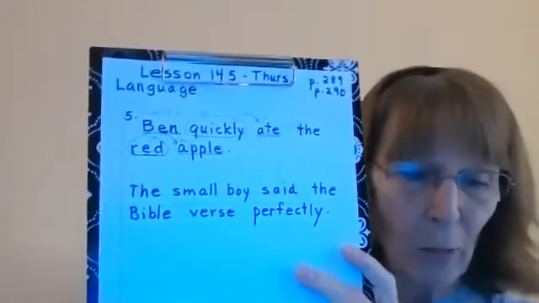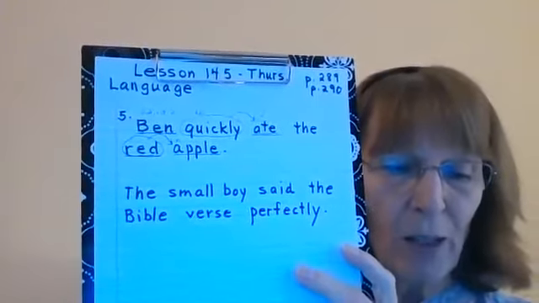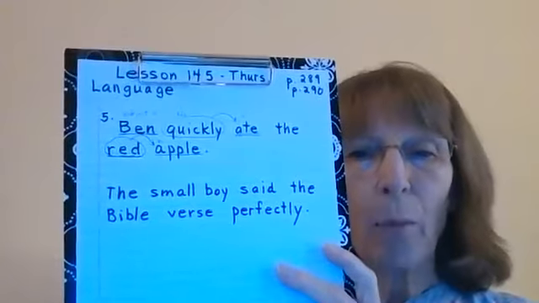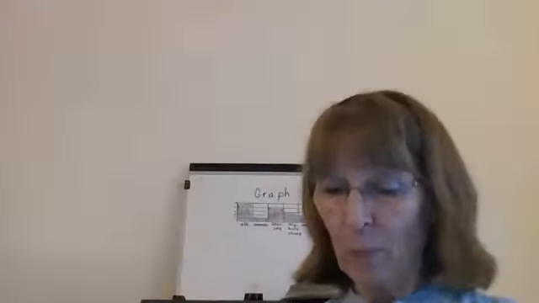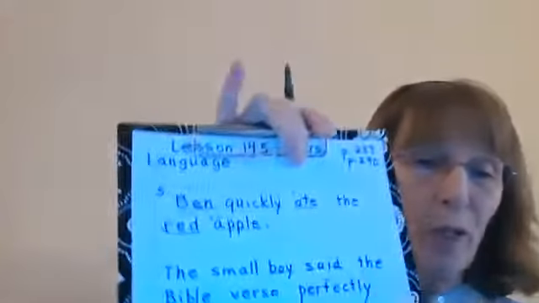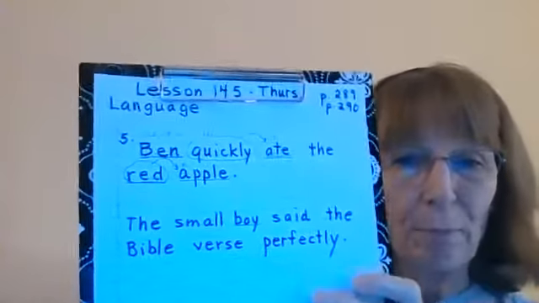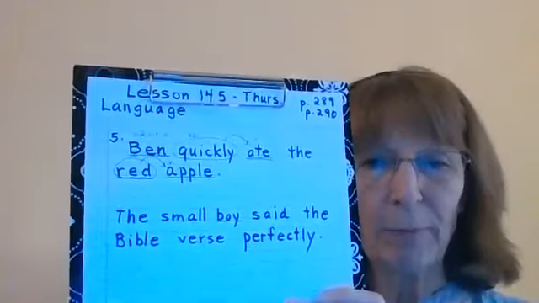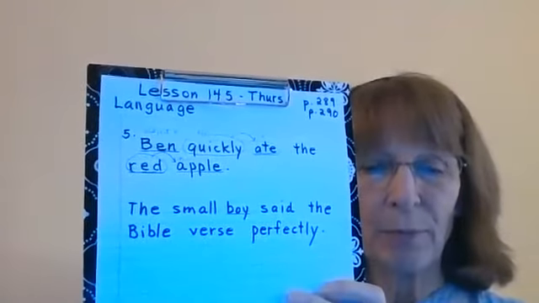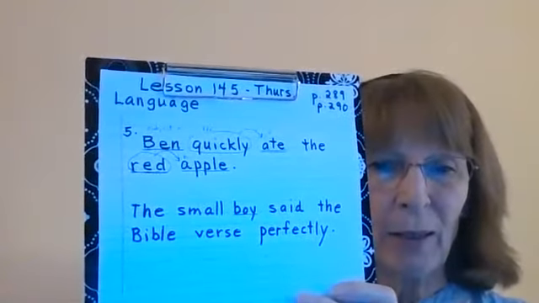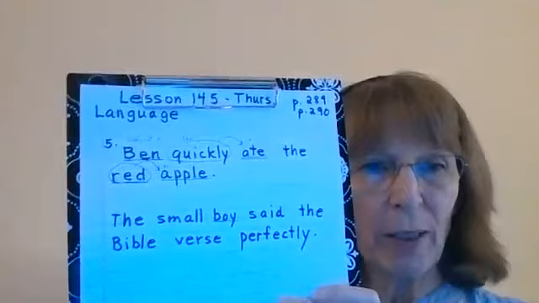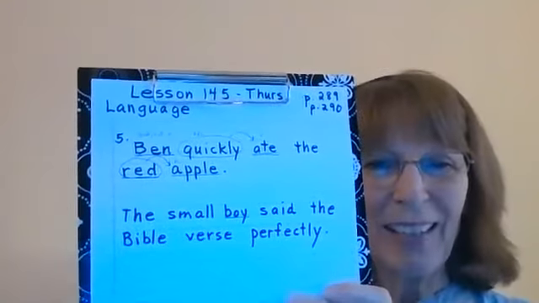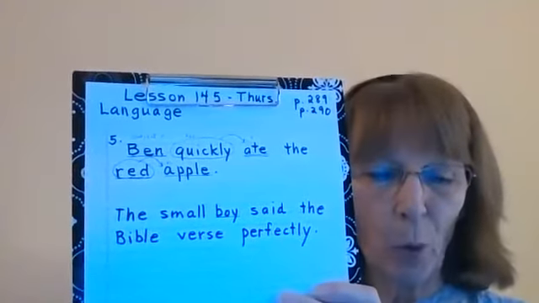Well, let's go back to the beginning and let's underline boy. Why do we underline boy? It's a noun. It's a common noun. And it's the boy we are talking about. Okay. Now we need to find a verb. What did the boy do?